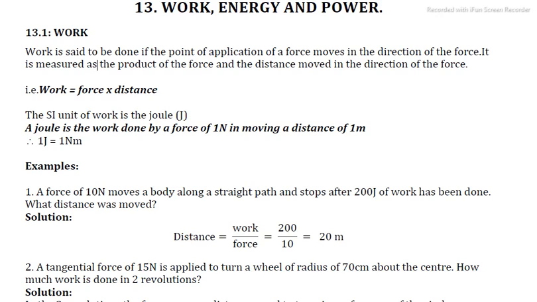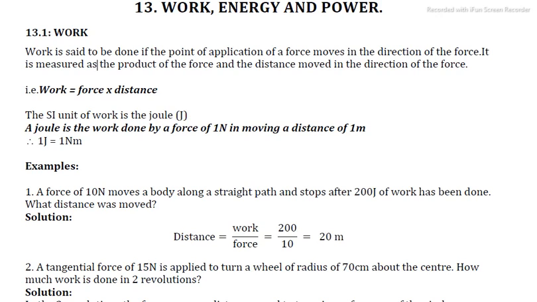So work is only done when you apply force on a body and it moves in the direction of the force. We can look at solving problems involving work. From the formula of work, which is force times distance, we can work out problems.